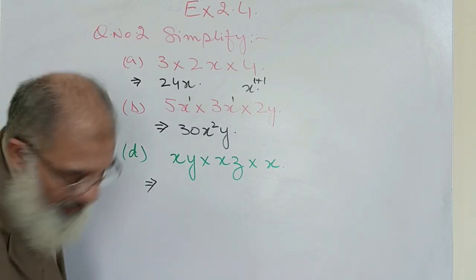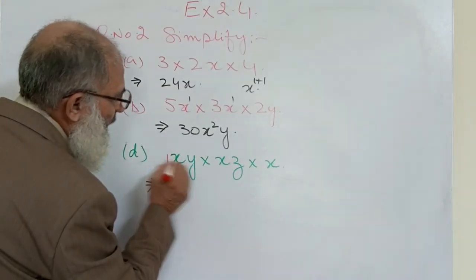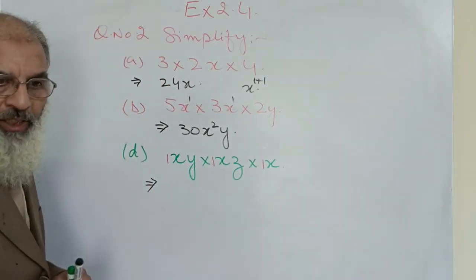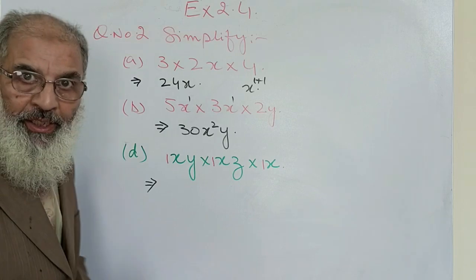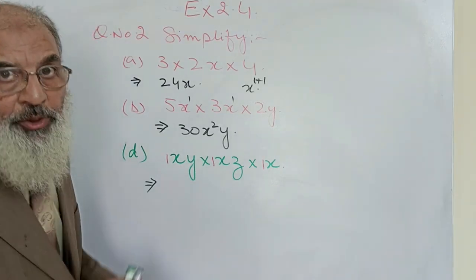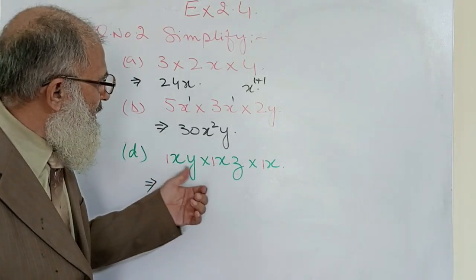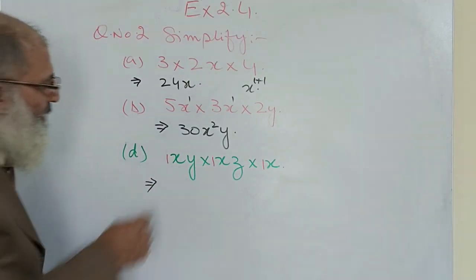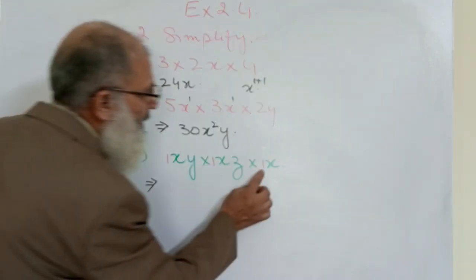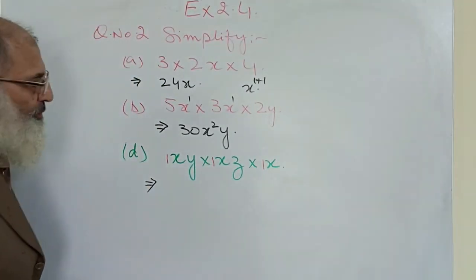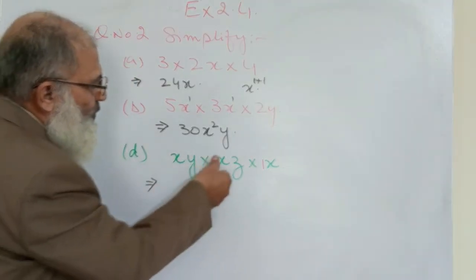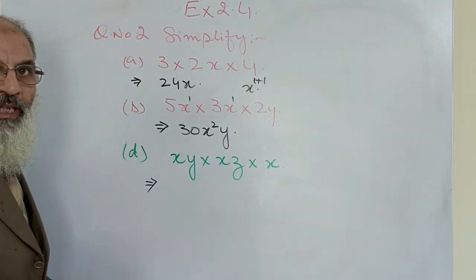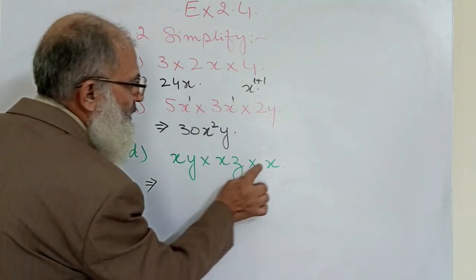Always 1 is written over here. 1 is written over here, here, and here, and has been omitted, because it is understood that when nothing is written before the variable, at the place of the coefficient, there is 1. So we can omit all the ones.